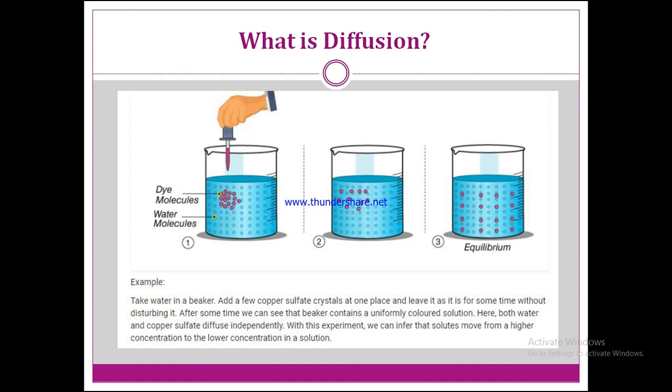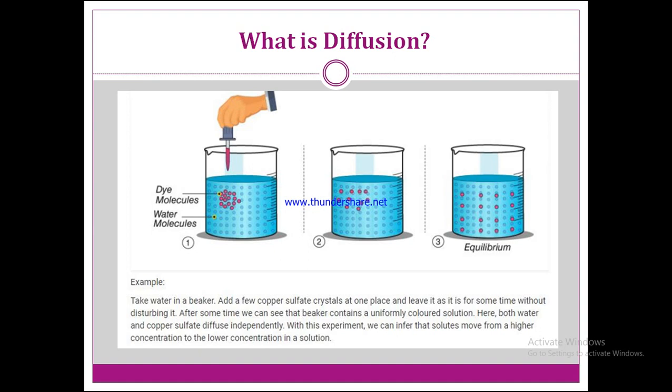Here, both the water and copper sulfate diffuse independently. With this experiment, we can infer that solutes move from a higher concentration to a lower concentration in a solution, and because of that we get an equilibrium condition with the diffusion process.